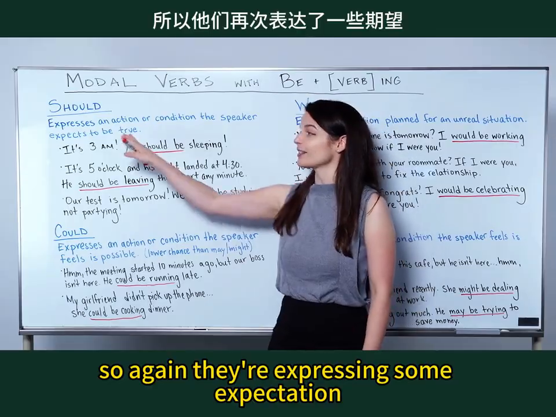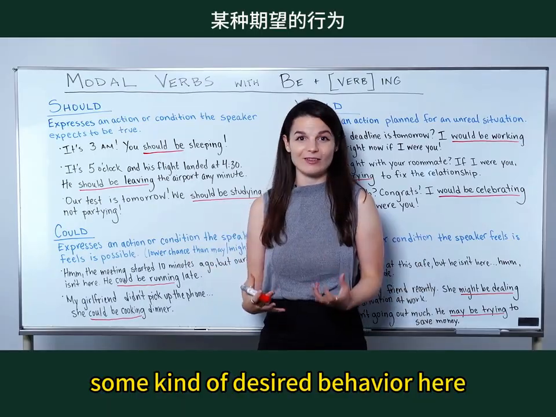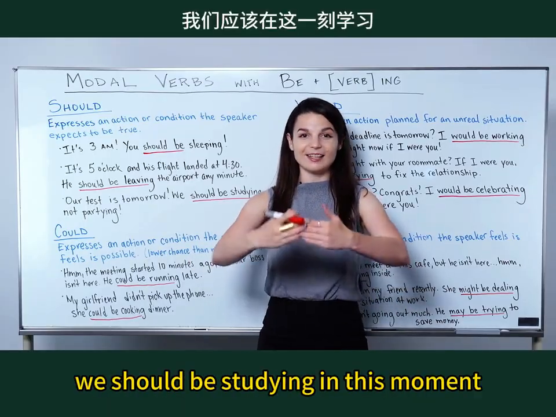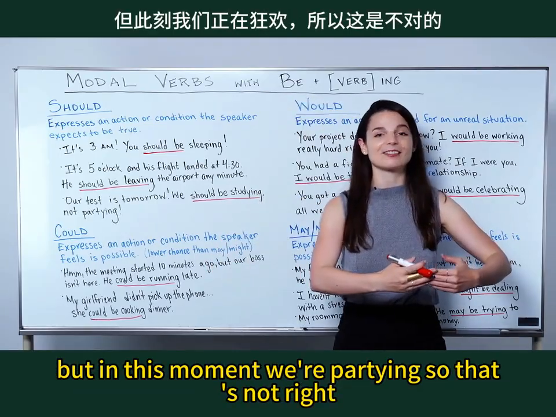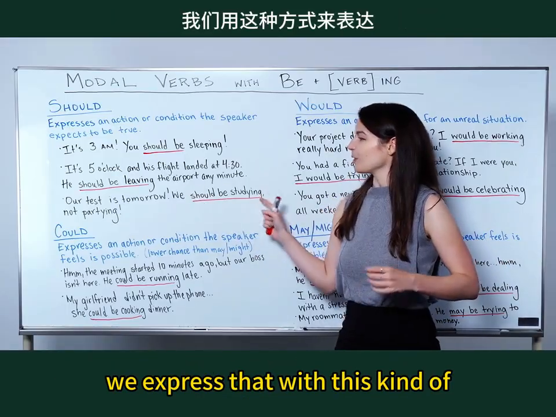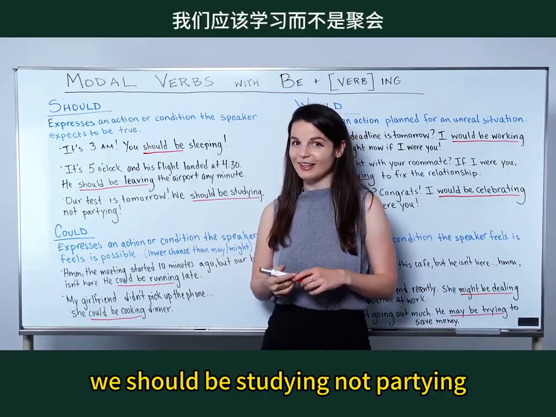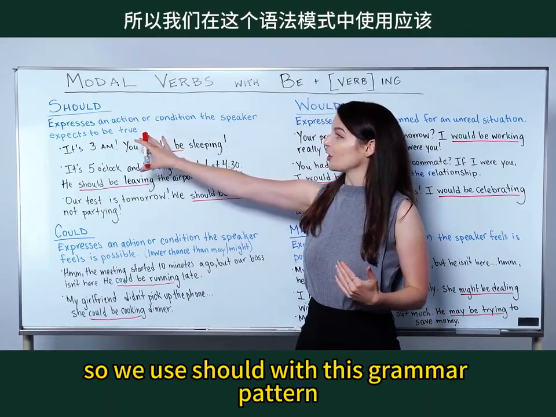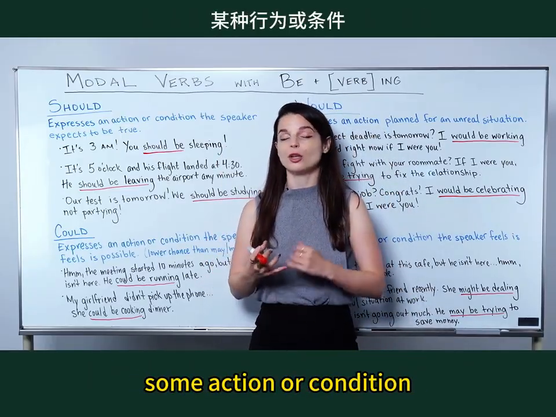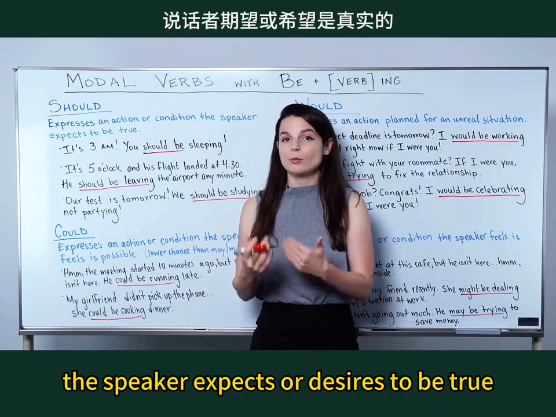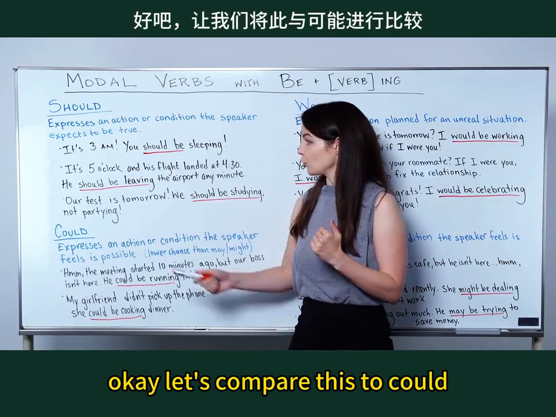So again, they're expressing some expectation, some kind of desired behavior here. We should be studying in this moment, but in this moment we're partying. So that's not right. We express that with this kind of sentence. So we use should with this grammar pattern to express that expectation, some action or condition the speaker expects or desires to be true. Okay, let's compare this to could.